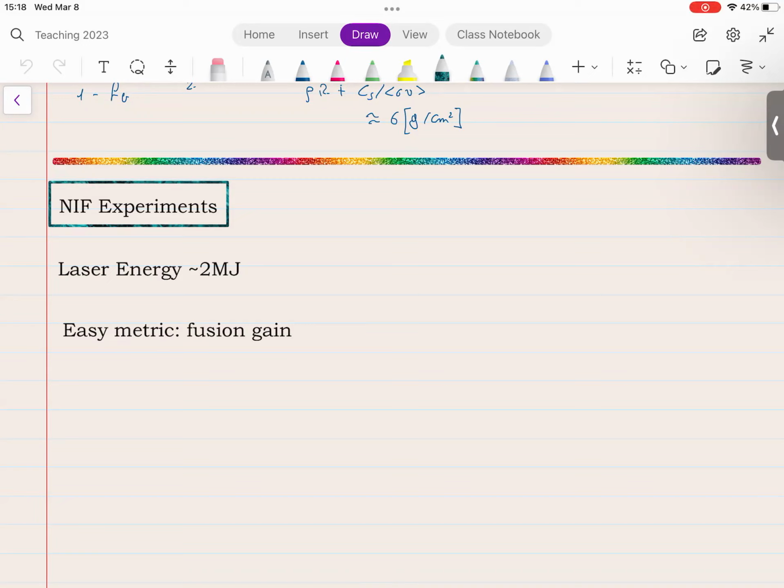For the ones of you that are in magnetic fusion, you may want to look at papers describing burning plasmas.